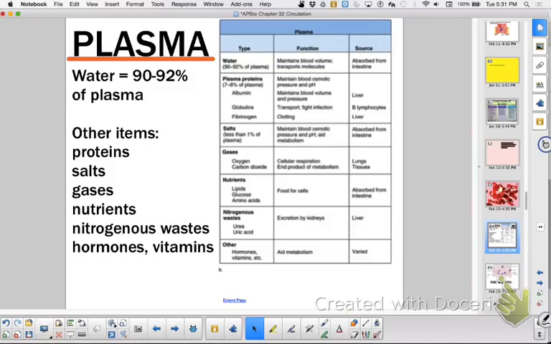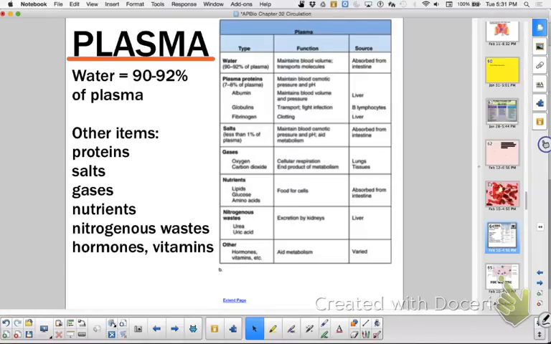So plasma, 90 to 92% of it is water, but you have other items dissolved in it: proteins, salts, gases, nutrients, nitrogenous waste, hormones and vitamins. And in class, I'll give you a way to remember what types of things are found in plasma. And I have that all at the top of your notes.